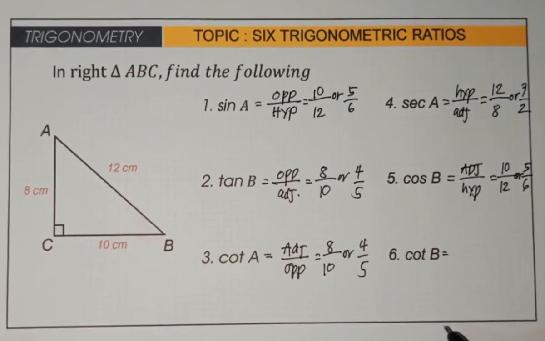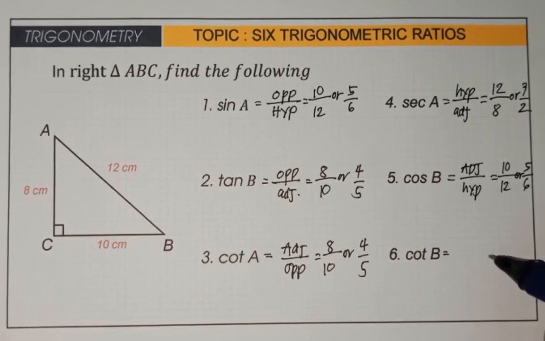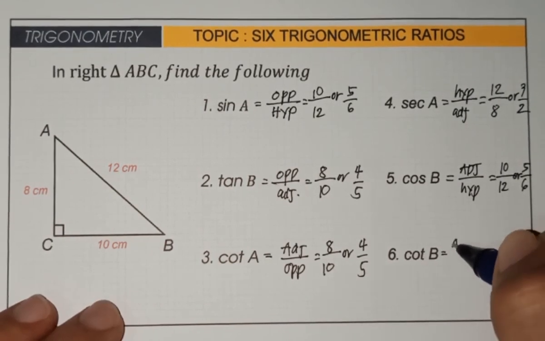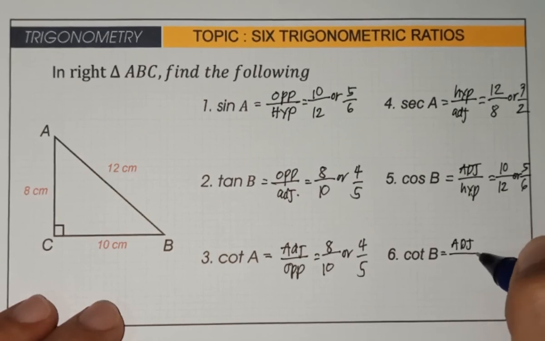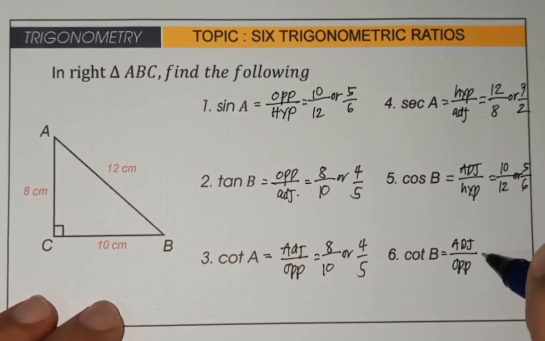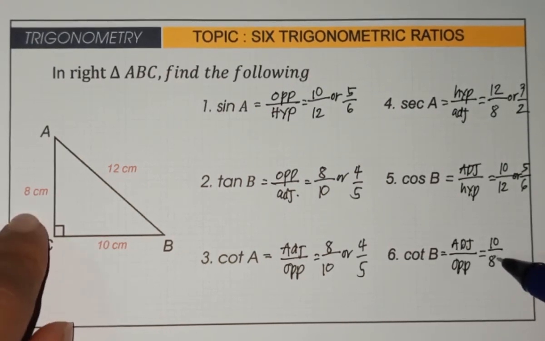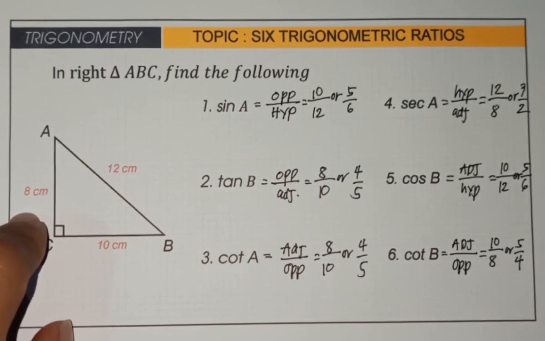And cot is the inverse of tan, so we have now the adjacent over opposite, equal to the adjacent of B here is 10 and the opposite here is 8, and they are divisible by 2, or it is 5/4.